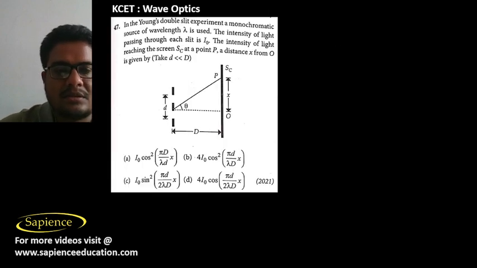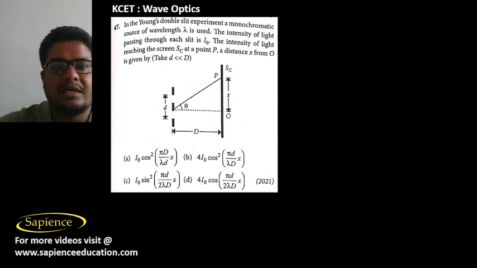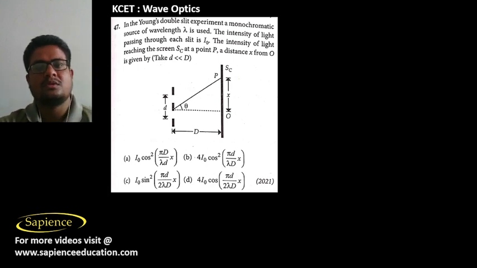Here it is told in question number 47 that in the Young's double slit experiment, a monochromatic source of light of wavelength lambda is used. The intensity of light through each slit is I0. The intensity of light reaching the screen at point P at distance x from O is given by.